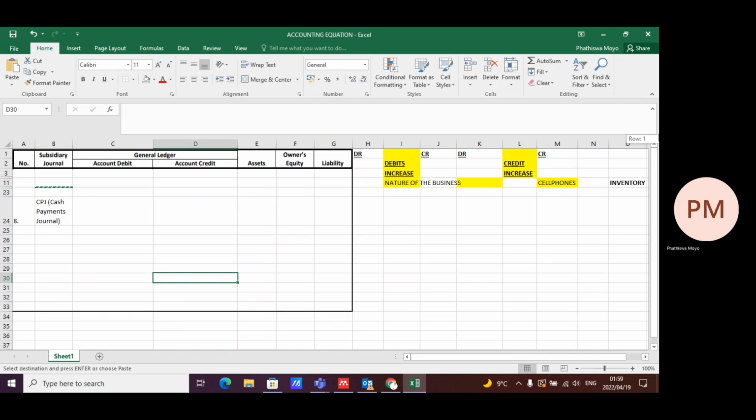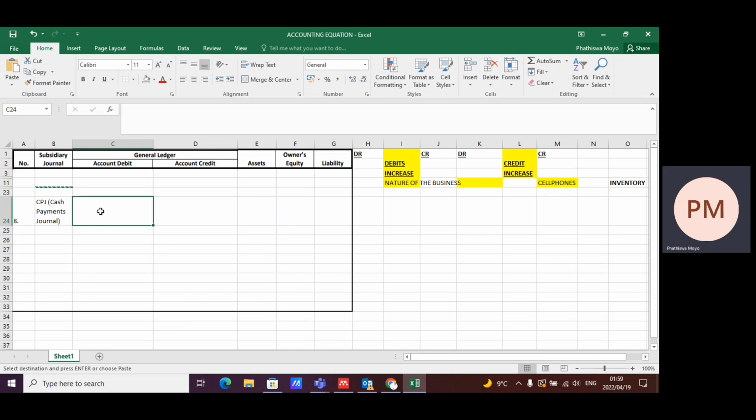So what is the account to debit and what is the account to credit?